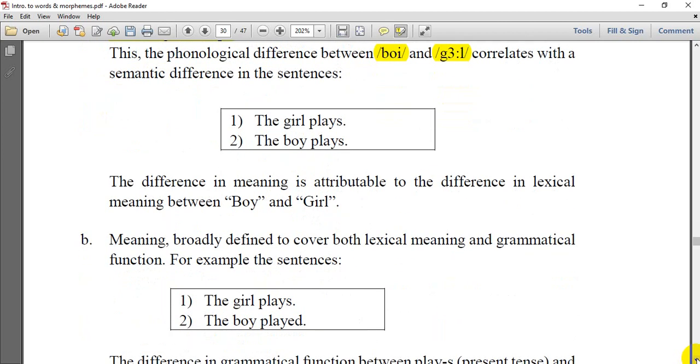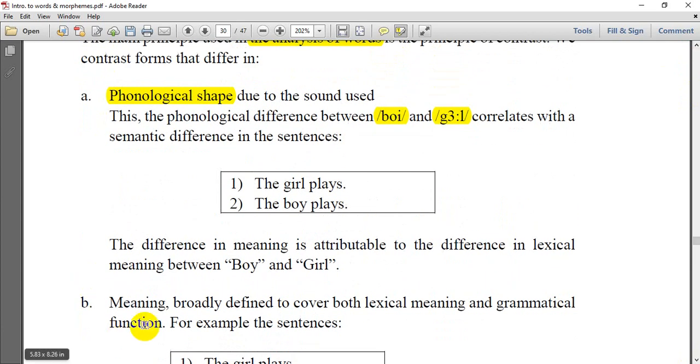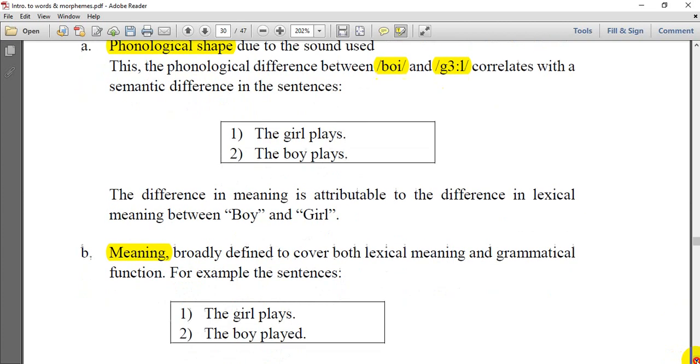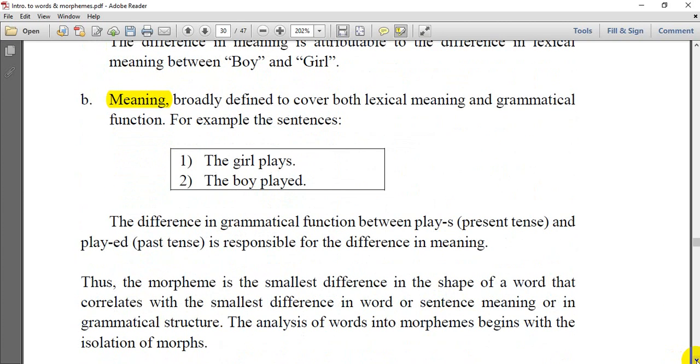The difference in meaning is attributable to the difference in lexical meaning between boy and girl. This is in the part of phonological shape, but meaning is broadly defined to cover both lexical meaning and grammatical function. For example, the girl plays, the boy played.